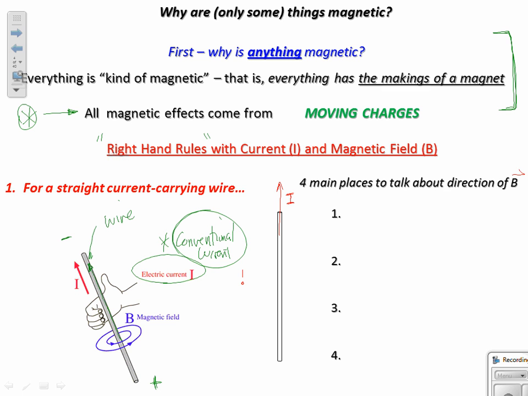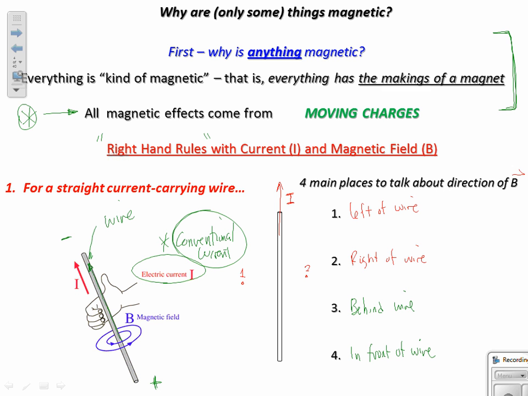Let's say here's location 1, left of the wire. Here's location 2, right of the wire. Location 3 and 4 are hard to draw because 3 is behind the wire and 4 is in front of it. Those are the four places where we'll be asked to find the direction of the field.